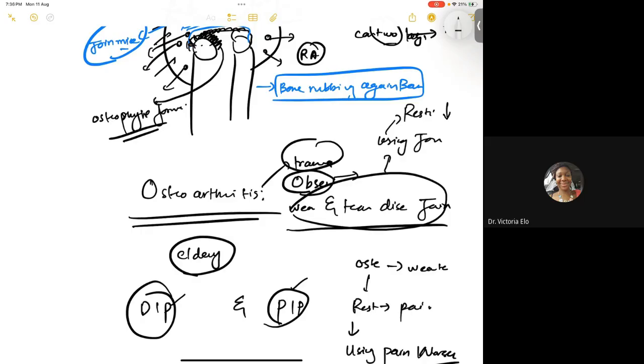As it is due to wear and tear, it's going to be seen in which individual? An elderly individual, right? While rheumatoid arthritis is an autoimmune disease, we discussed in our immunity lectures in detail. Autoimmune diseases are more commonly seen in which group of individuals? Females, specifically childbearing females.